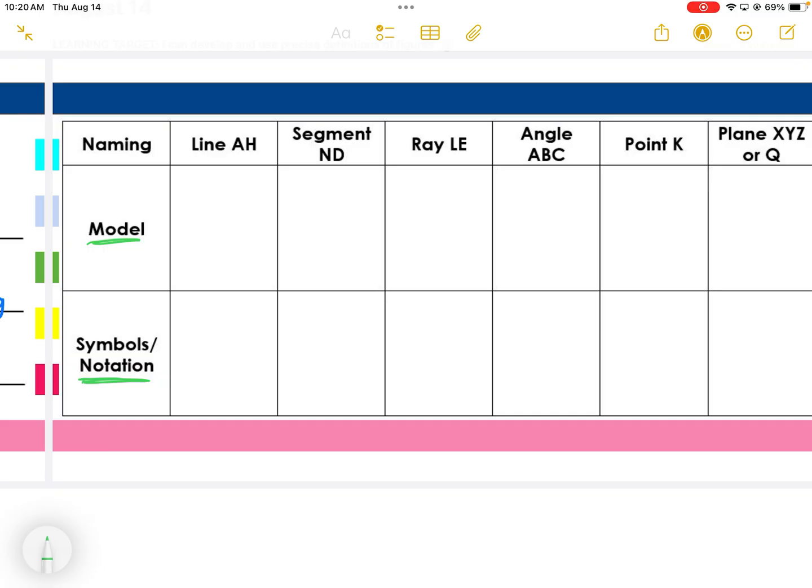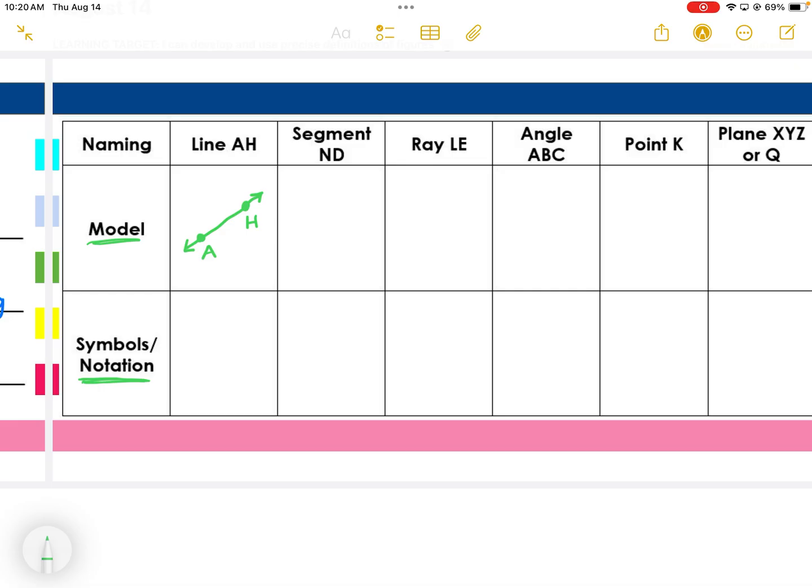So line AH. I'm going to draw a line. When we name a line, we're going to use 2 points. I didn't draw that very straight, so do the best you can. If there's more than 2 points labeled on the line, then you can choose any 2. So using 2 points on that line to name it, line AH.